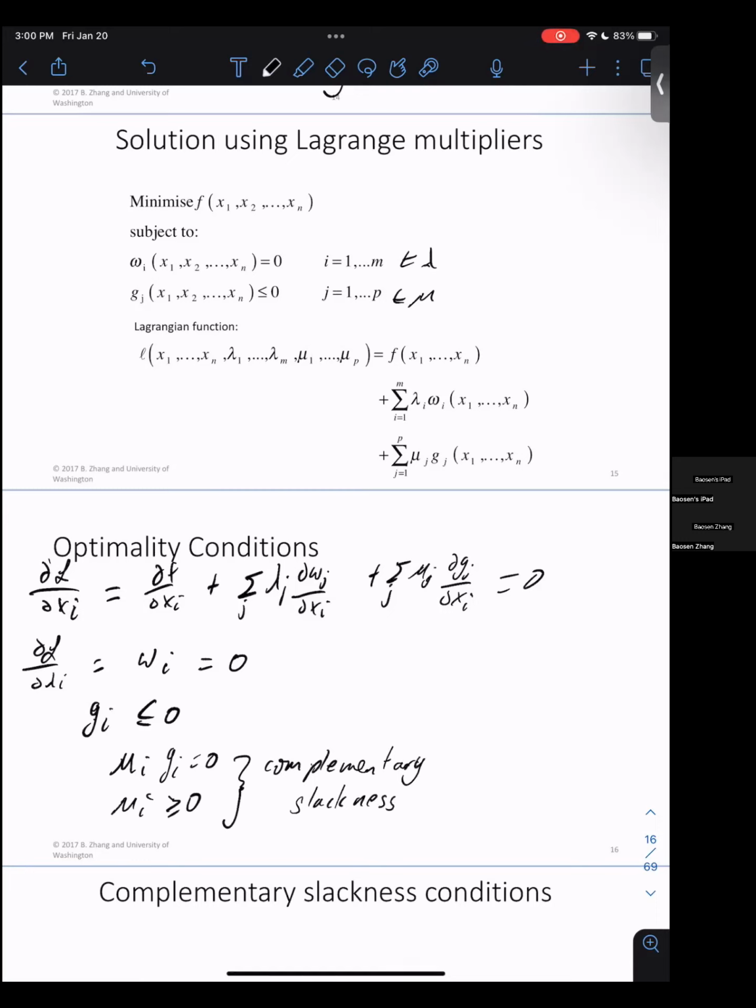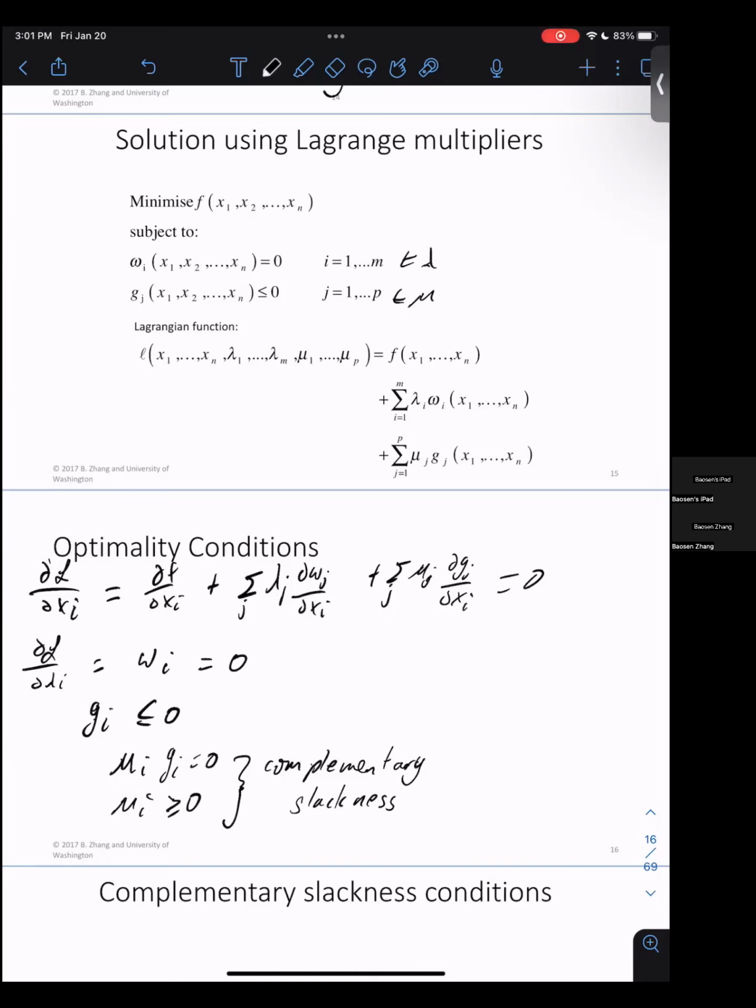It's just a fancy word for what has to happen. What this is trying to describe is the following. I want this product to be 0. Why does the product have to be 0? There are two possibilities.